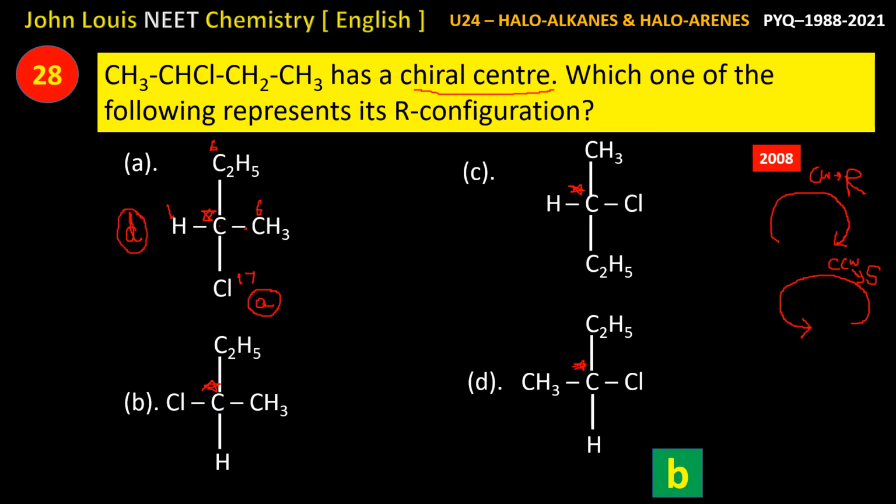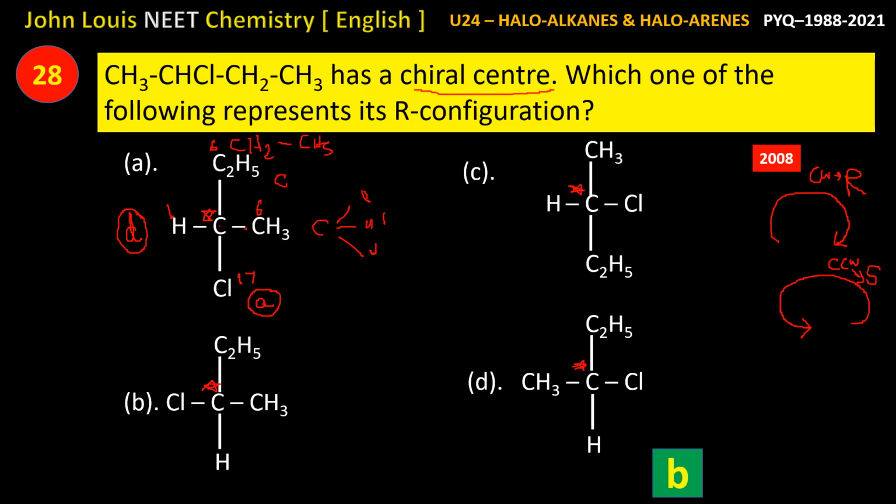Now if you take the other two, both are carbons, both have atomic number 6. Therefore which one should be preferred? So we have to see the next atom bonded to that. Here this carbon is bonded to 3 hydrogens, so they all have atomic number 1 only. Here it is C2H5, which is nothing but CH2 bonded to CH3.